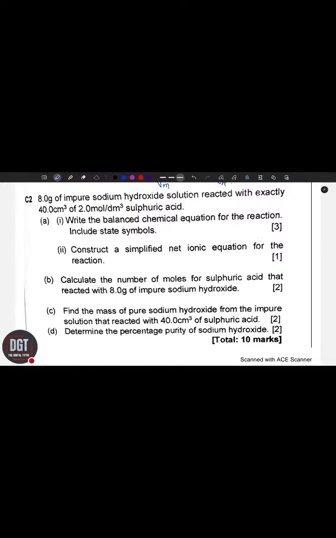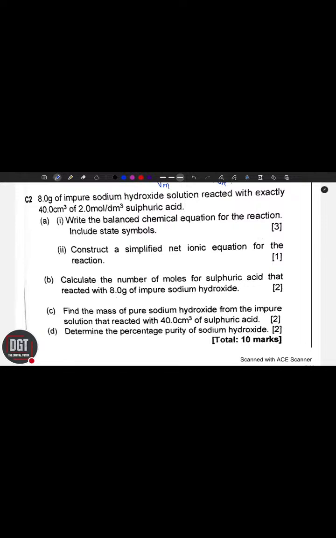Let them come to this platform and let us revise together. So 8.0 gram of impure sodium hydroxide solution reacted with exactly 40 centimeter cubed of 2.0 mole per decimeter cubed of sulfuric acid. Write the balanced chemical equation for the reaction. Include state symbols.